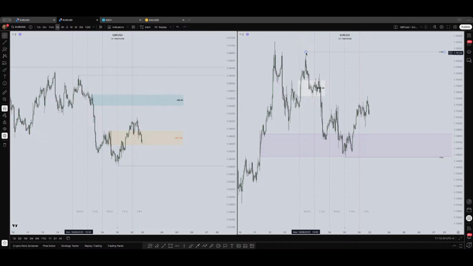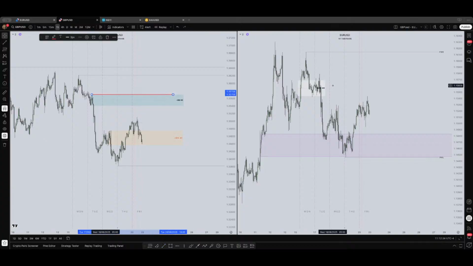Also will be interesting how price reacts with this high, both in GBP and I mean this high here. Okay, because I can also imagine a divergence here.